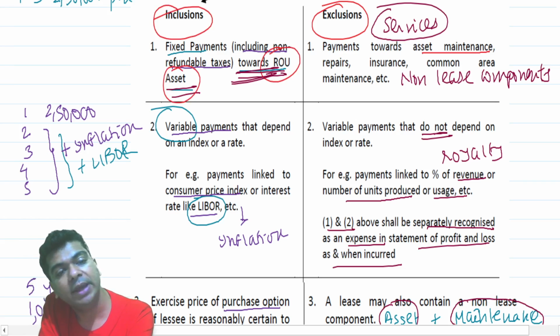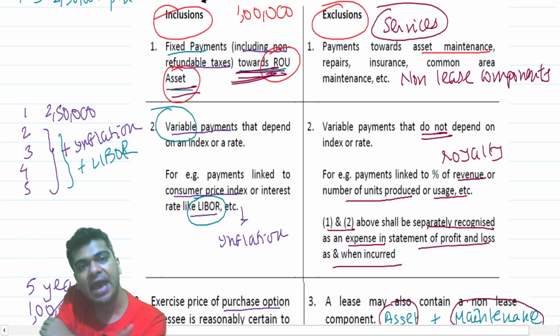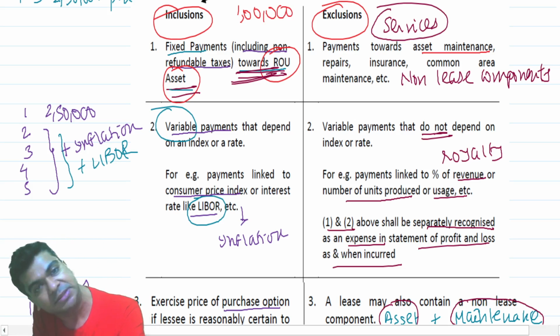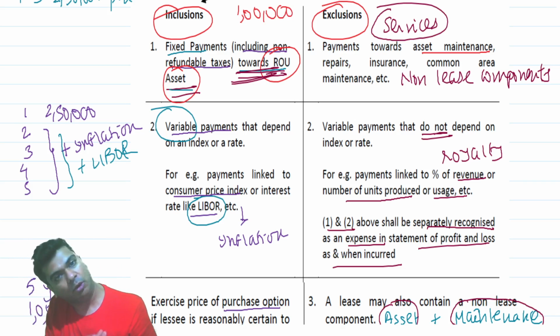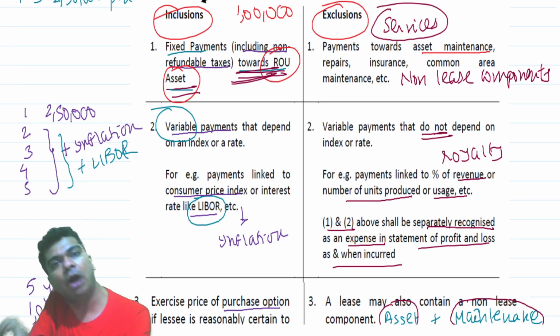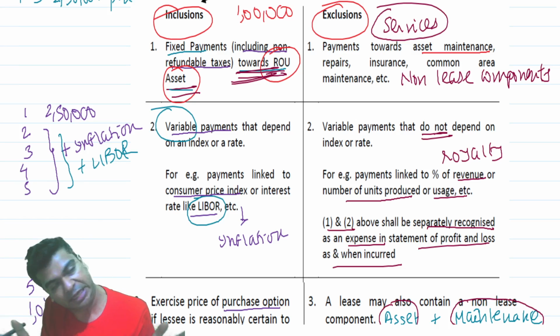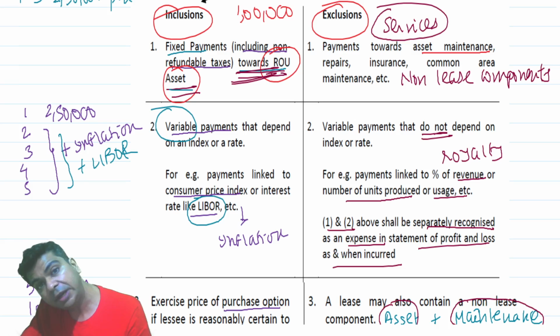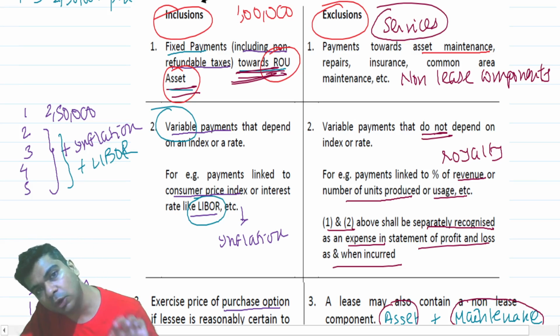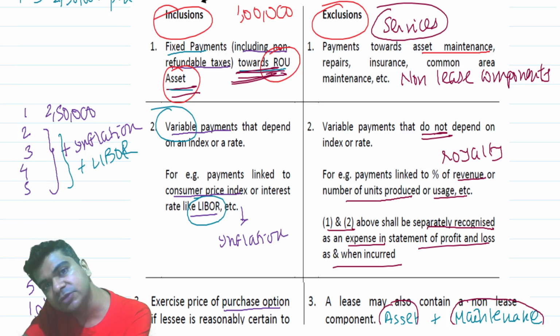So the moment you tell me that I am paying a lakh of rupees per annum for the asset as well as for the maintenance service, I should find out how much I am paying for the asset and how much for the maintenance. And then I will carry out a bifurcation on that basis. Whatever I am paying for the asset will get included in the lease payments, and whatever I am paying for the maintenance will be excluded.